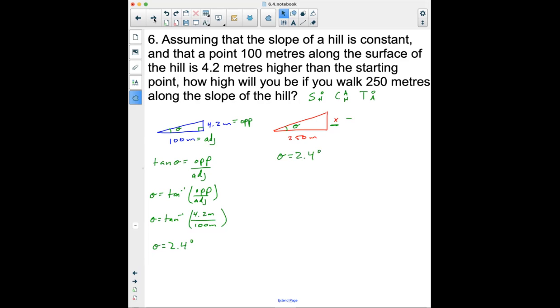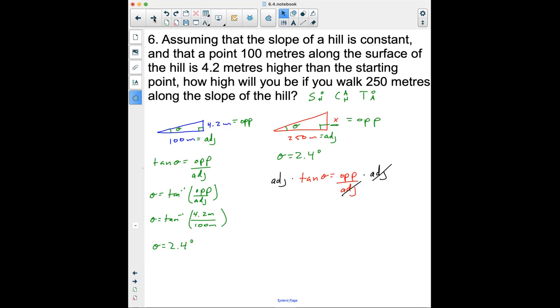Now I can go ahead and solve for my opposite side over there. This is still a right angle triangle, that is opposite, and this is adjacent. Now I know what my theta is, and we are still dealing with opposite and adjacent, and now we are solving for the opposite. Currently we are dividing opposite by adjacent, so to get opposite by itself, we must multiply both sides by adjacent.